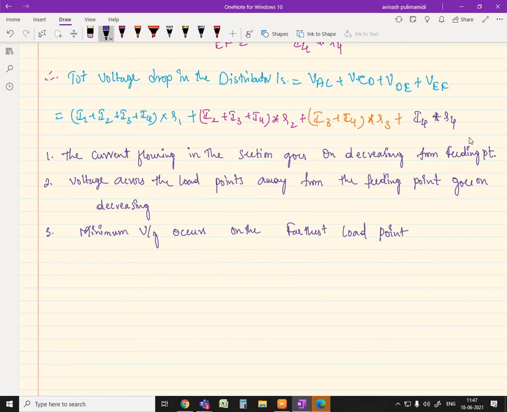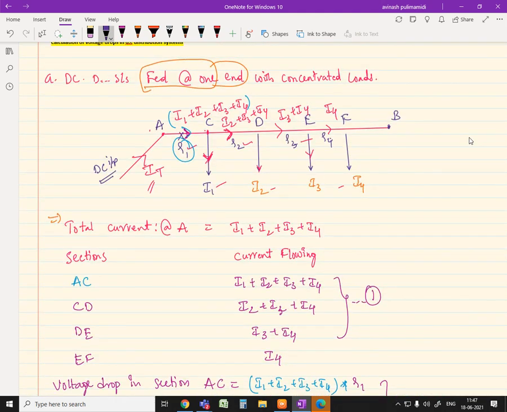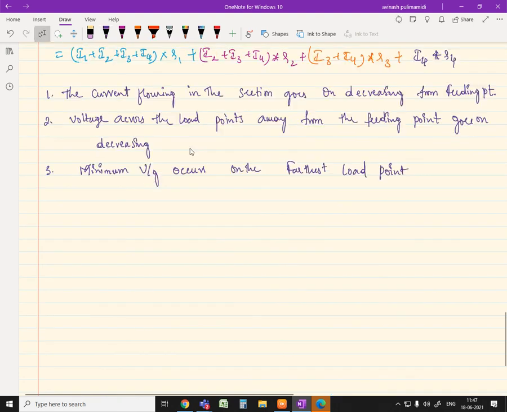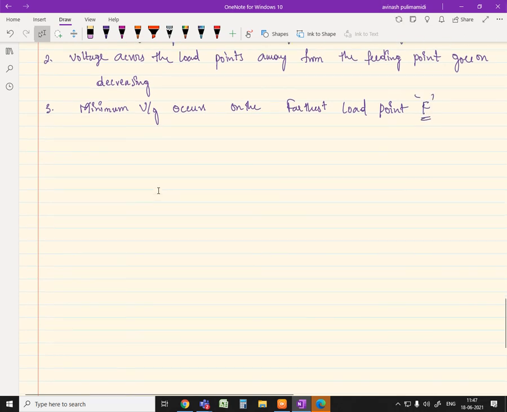So what is the farthest load point here? It is F. The farthest load point is F. So now we will take an example.